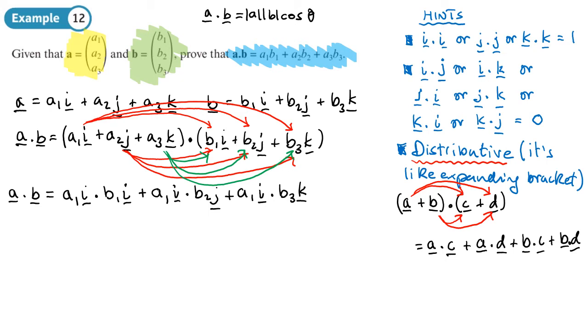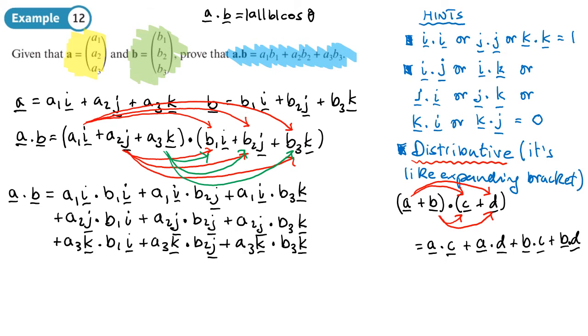So hopefully you get the idea. I'll just do 1 or 2 more before pausing. So A2 j dot B1 i, I'm putting a dot in the wrong place there, let's get rid of that, plus A2 j dot B2 j, and so on. Okay, so these are all the results here.